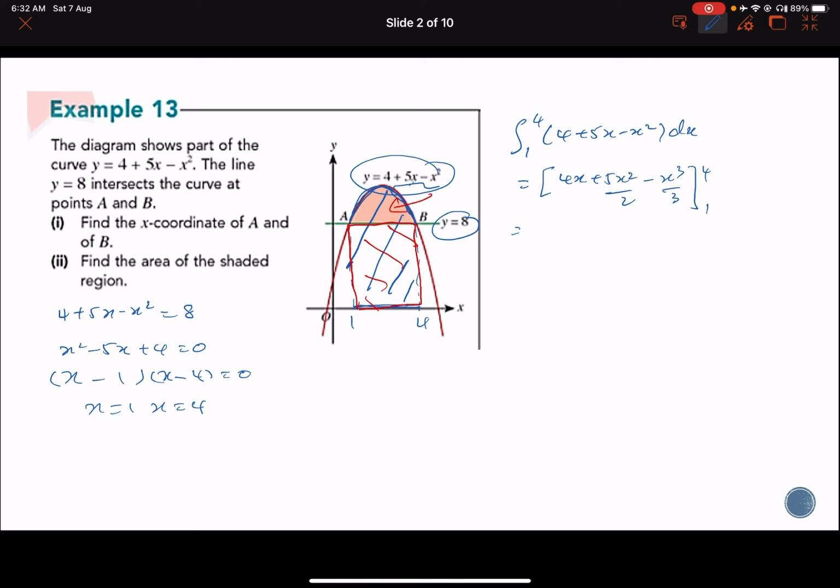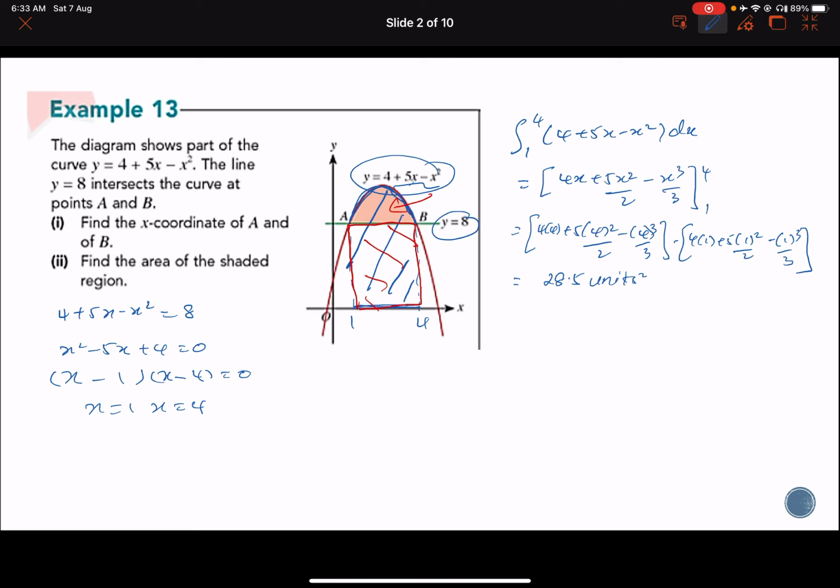In this case, you just have to put in the numbers, replacing the two values that you have. When you key the whole thing into the calculator, you'll be able to get 28.5 square units. So that is the entire blue one.